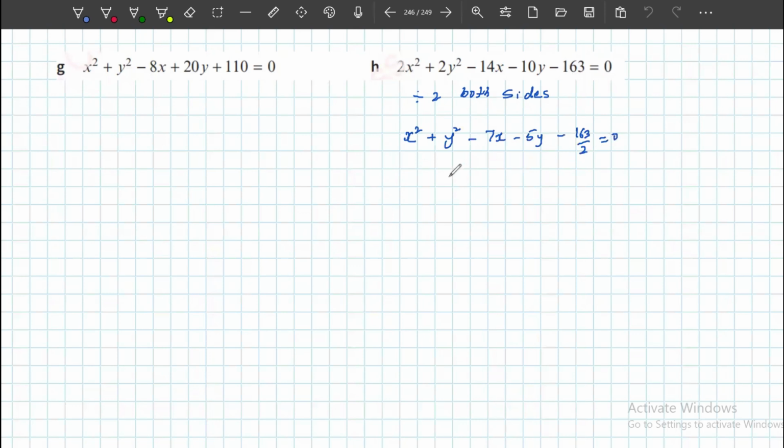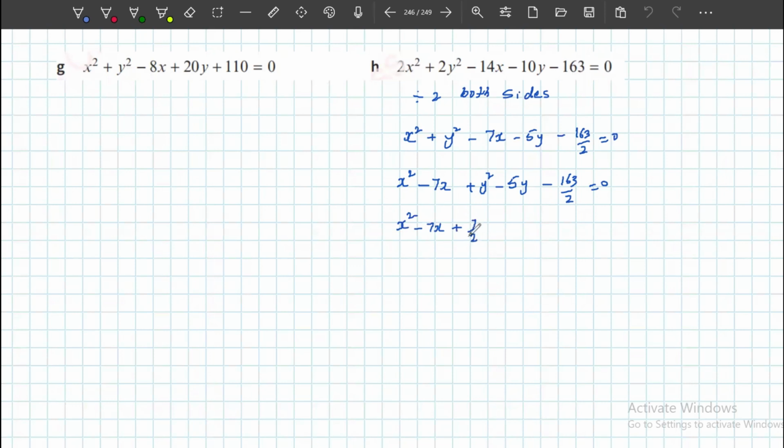And now we will complete the square of x as well as y. So for x squared, I will rearrange x squared with minus 7x, and y squared with minus 5y, then minus 163 over 2 equals 0. And now the coefficient of x is 7, so half of 7 is 7 by 2.